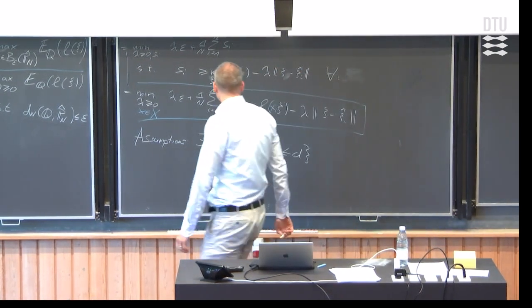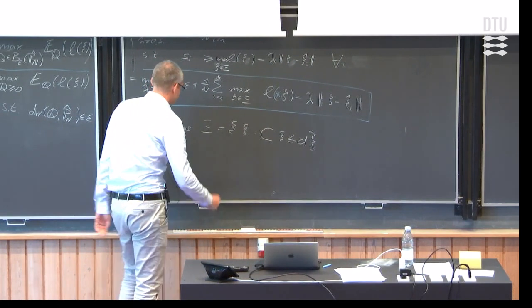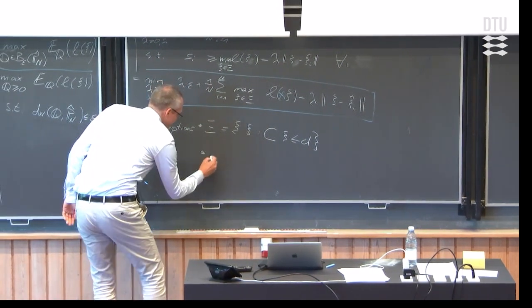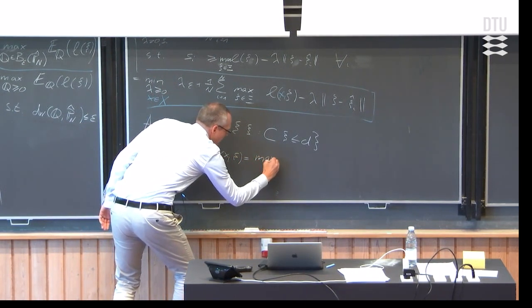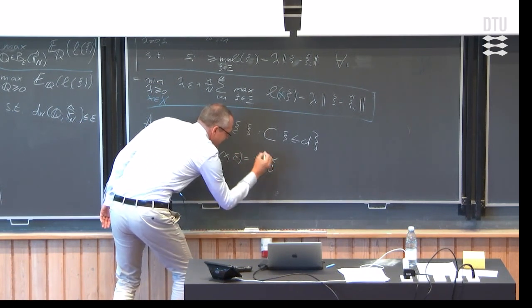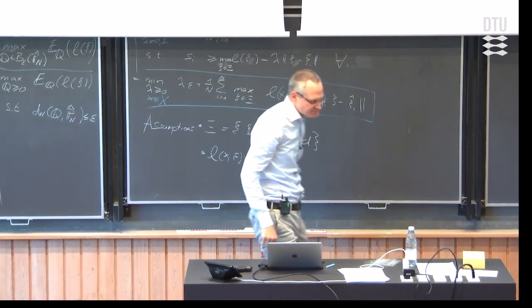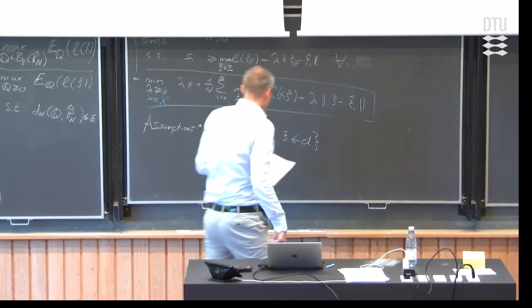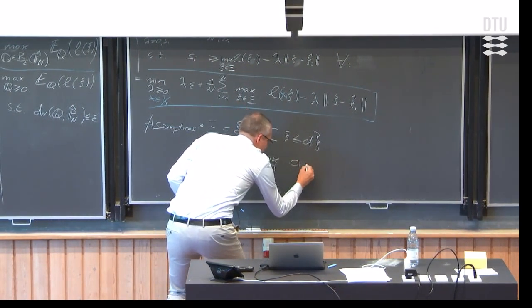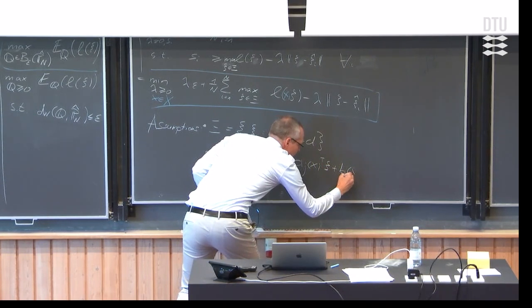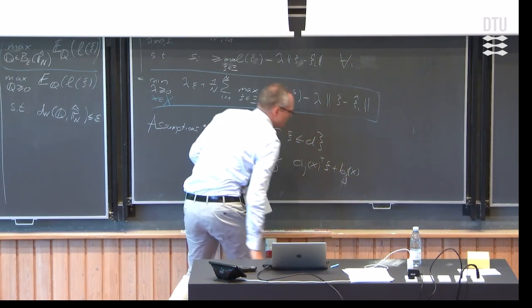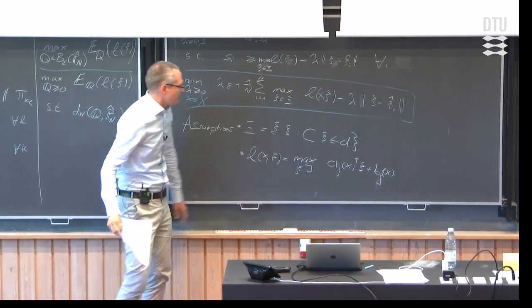The other thing, I'm going to assume that my loss function is piecewise linear. So that's the first assumption. And the second assumption is that the loss function of x and psi can be written as a maximum over j in some finite index set capital J of a vector aj that depends on x transpose psi plus some scalar bj that depends on x. What does it mean, right?